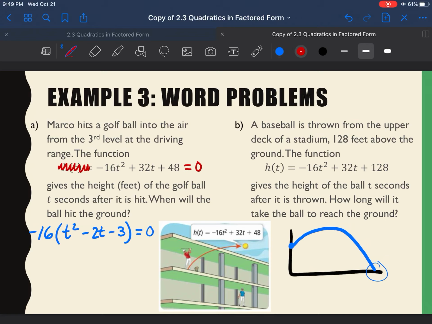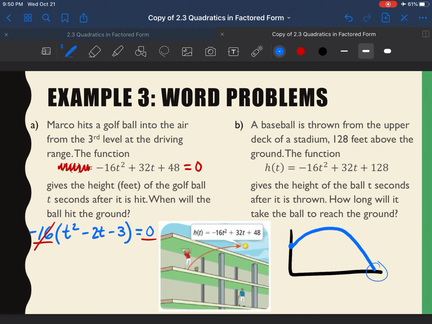Now the negative 16, you will end up just dividing both sides by negative 16. So when you divide 0 by negative 16, that's still 0. So basically the 16 does nothing. Now we just take what's left in the parentheses, factor that, and solve.